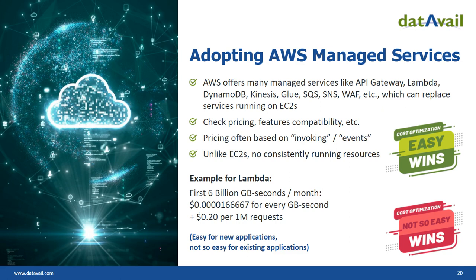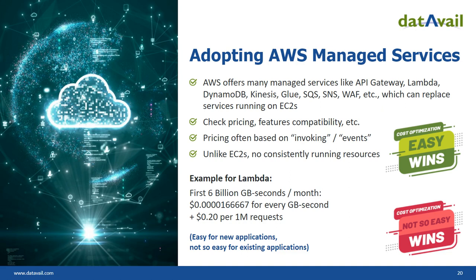In terms of adopting managed services, it's a lot easier when you're developing something new, of course. But if you have an application already running on traditional EC2s, and APIs are hosted on EC2, for example, then you have to do refactoring, and it can take a lot of work to refactor that, depending on the complexity and the magnitude of the application.